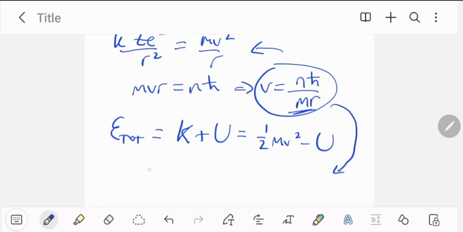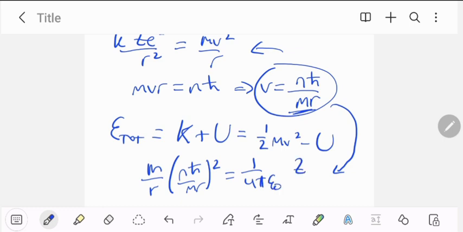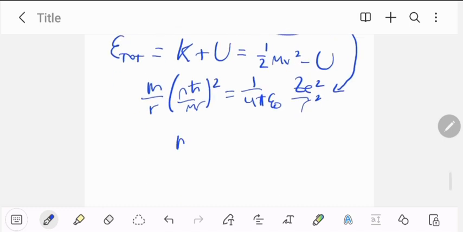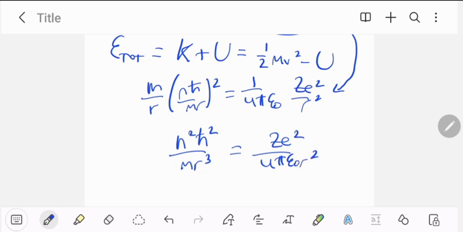So here's what we get. m over R, times v, which is n h bar over mR, equals 1 on 4 pi epsilon naught, ZE squared over R squared. If we simplify this expression, we get n squared h bar squared over m R cubed equals ZE squared over 4 pi epsilon naught R squared.